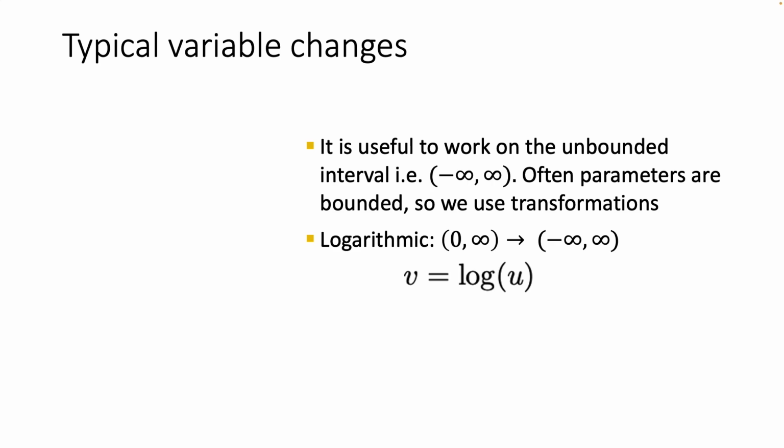And in such cases, we need to introduce something which is called a link function, a function that will translate our unbounded values to a certain bounded interval. This is the root of something that you've already heard about, generalized linear models.